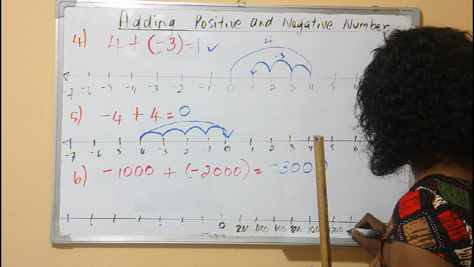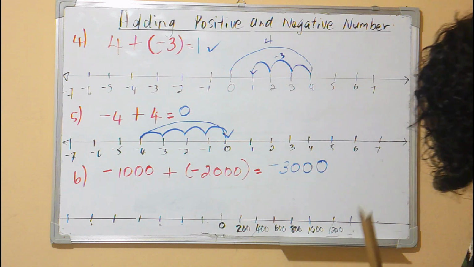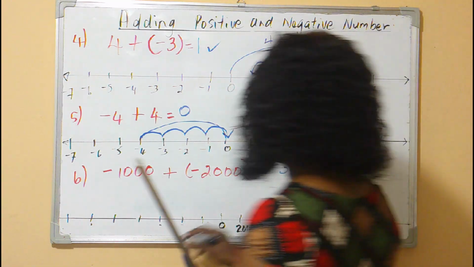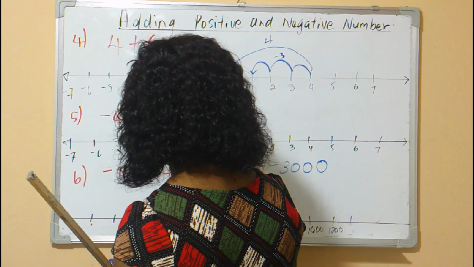So we're actually going up by 200. All right, and if you go this way, I'm going to need some more space.